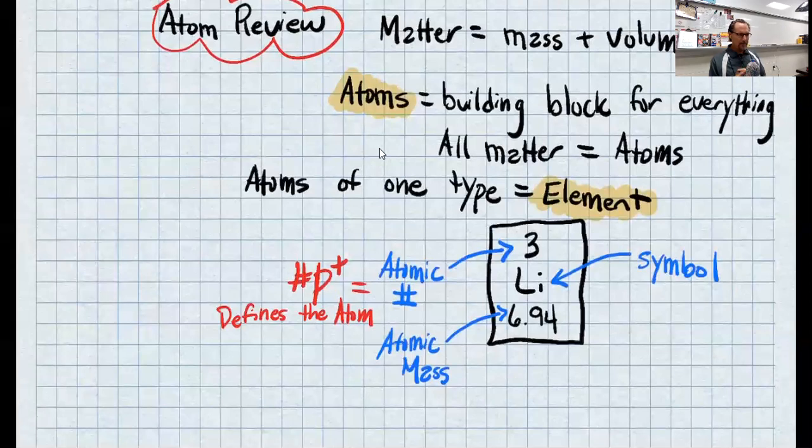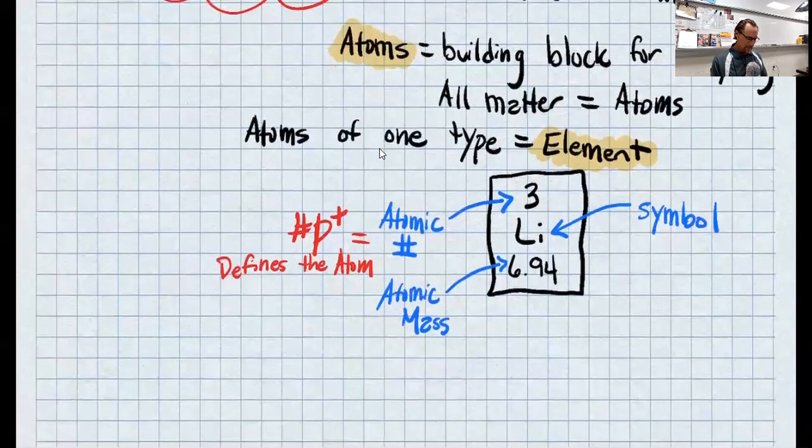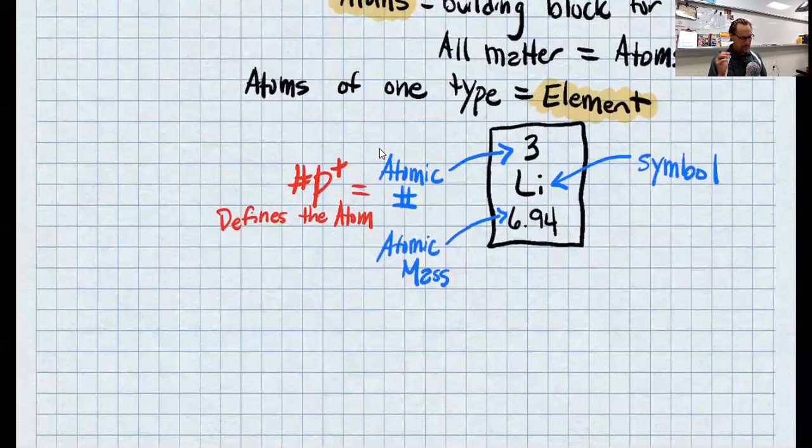And so we'll want to, again, keep a close eye on that particular number, because that then tells us what element it is. The atomic number is what's extremely important. Okay, so let's take a look a little bit more in depth at what I mean when I talk about the number of protons.